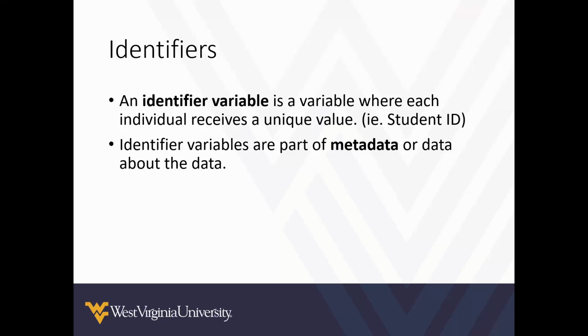There's another type of variable that can sometimes get people confused as to whether it is a categorical variable or a quantitative variable, and that is an identifier variable. These are variables where each individual receives a unique value. Identifier variables are part of metadata, or data about the data.